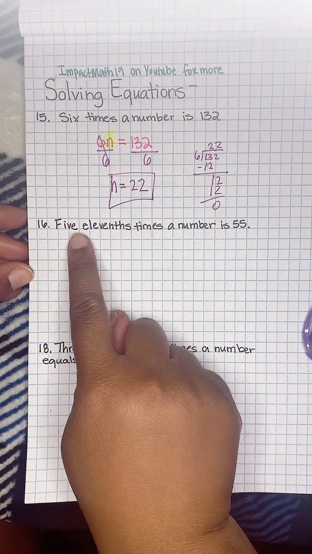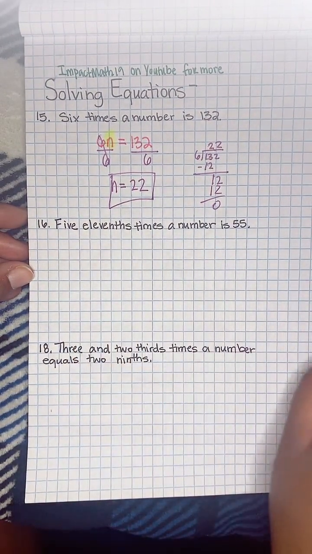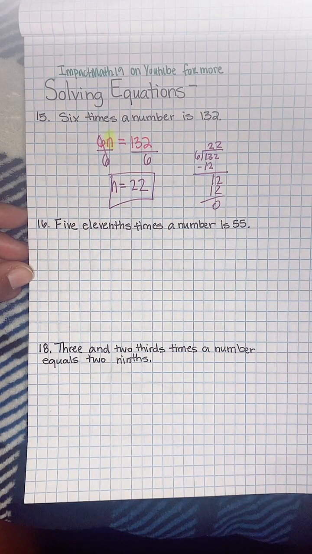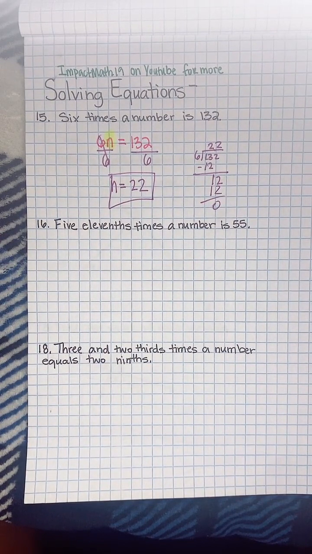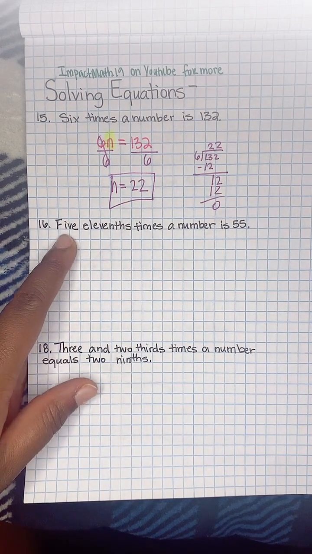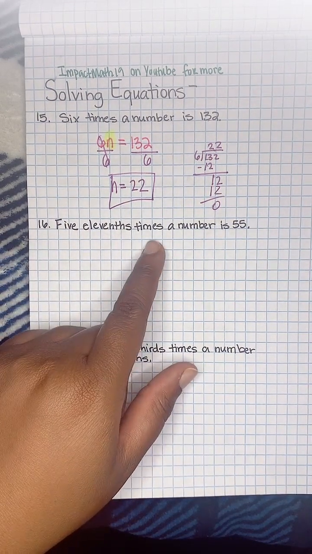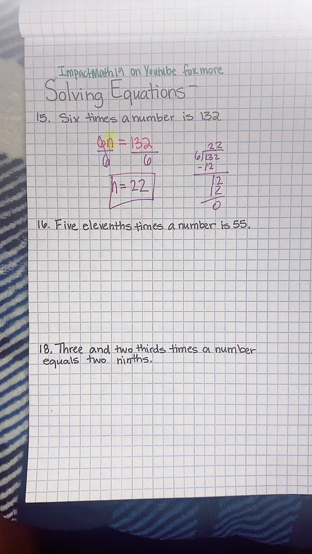Right here, the captions are covering the problems. If you slide the captions to the left, then the captions are not in the way. But it says 5/11 times a number is 55.